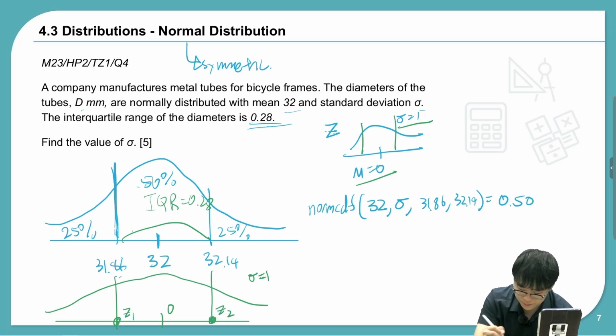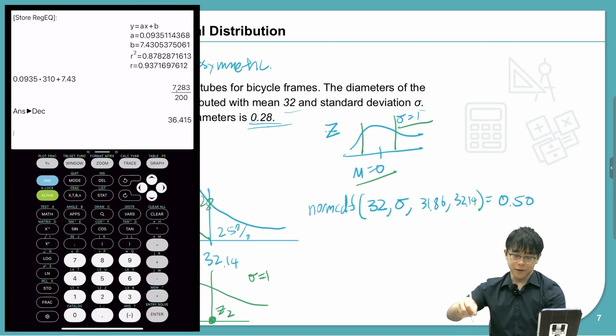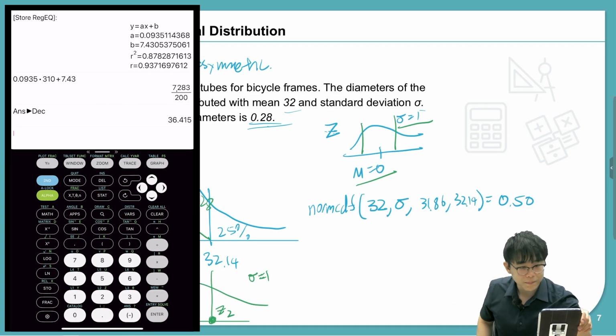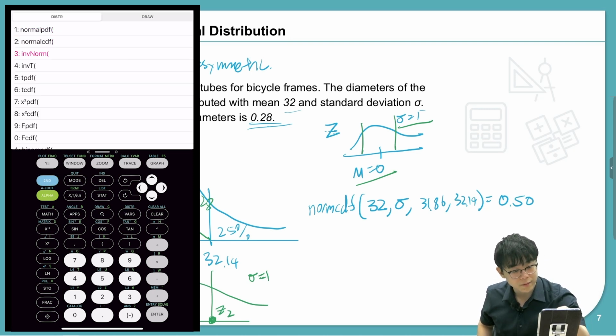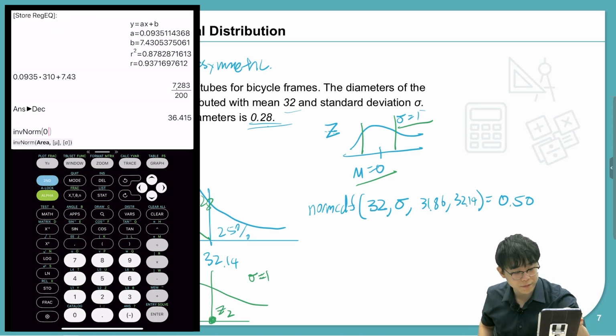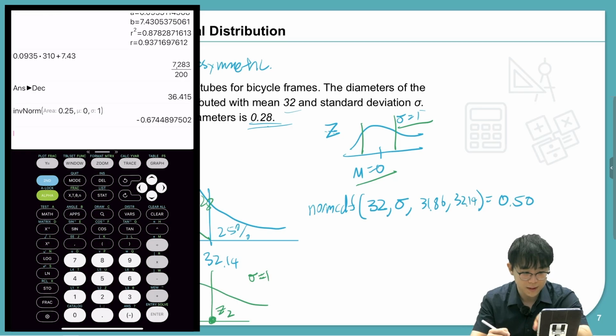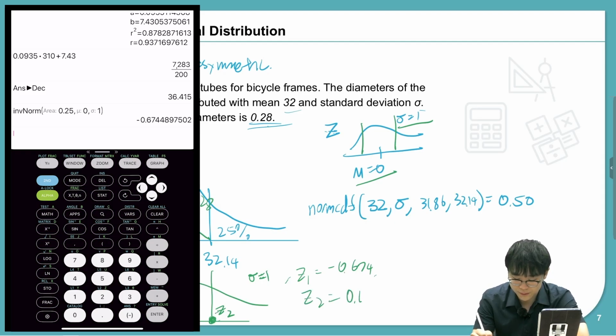So we'll call this z1 and z2. So if the area under the curve is 25%, we could go to inverse norm. So we go to inverse norm, 0.25 is the area, the mean is 0, the standard deviation is 1, right? Then that gives us the z1 value, which is negative 0.674. Okay. And since this is symmetric, z2 would be 0.674.